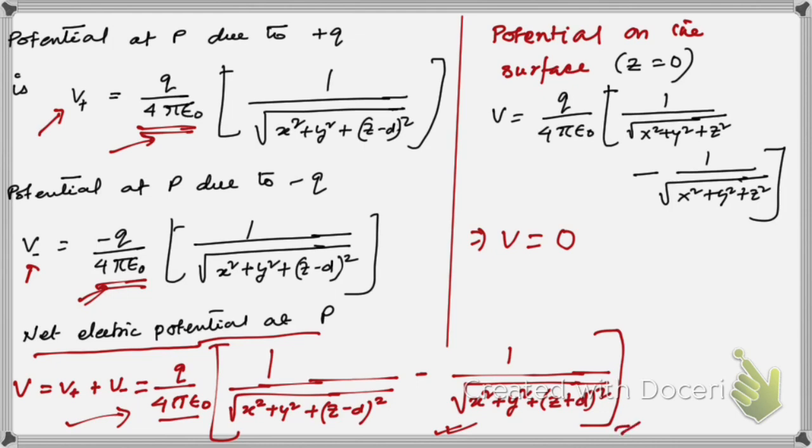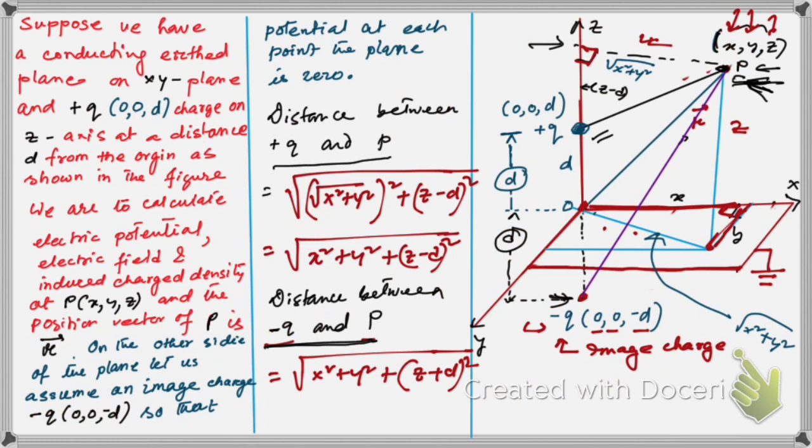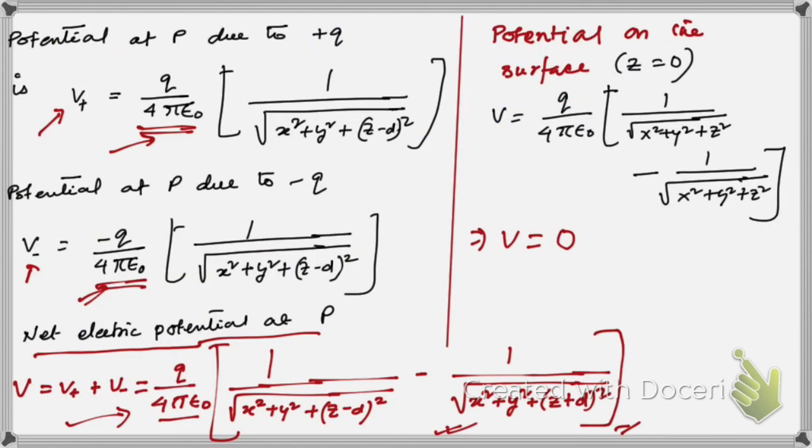But when you say on the surface, if P is at this point, suppose this is the point P on the surface, then the z coordinate will be equal to 0. This coordinate will be x comma y comma 0. For z equal to 0, if you put 0 here and here also, then you will get this expression, and you can see clearly these two terms are cancelled, and that's why it becomes 0, right? So potential on the surface is 0.